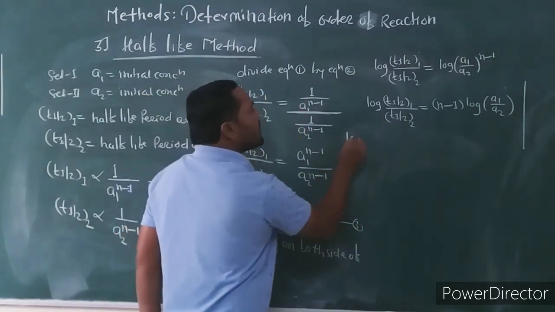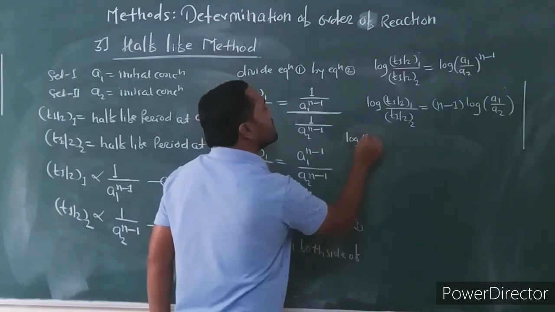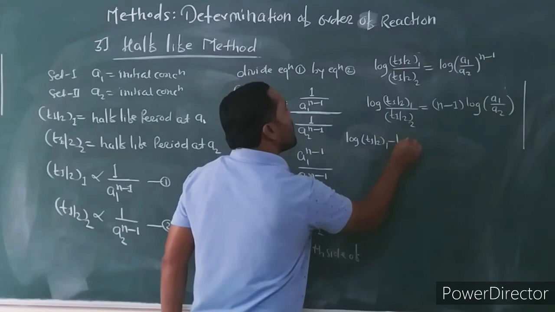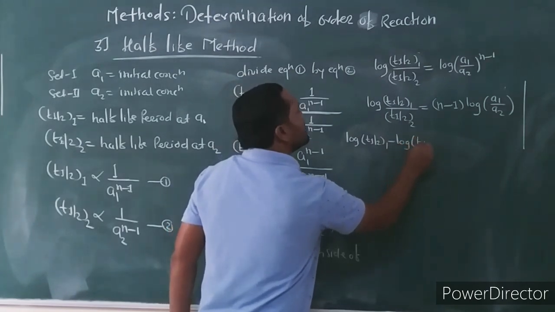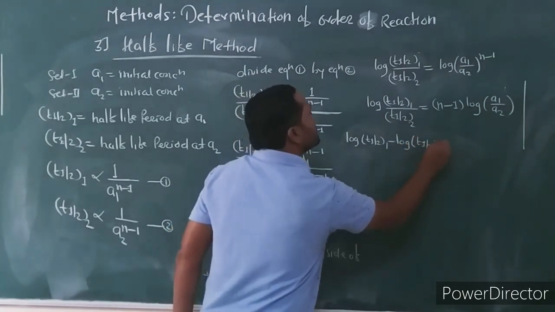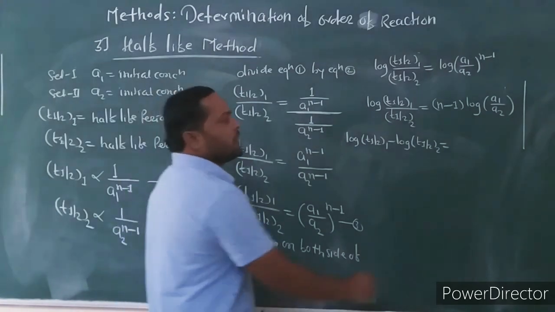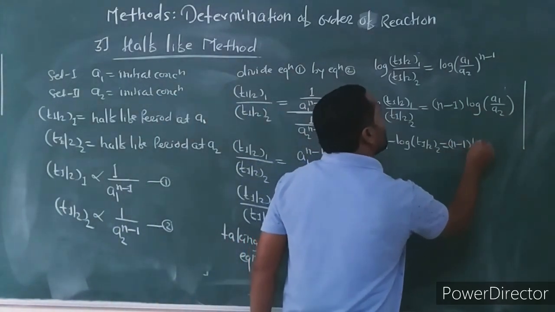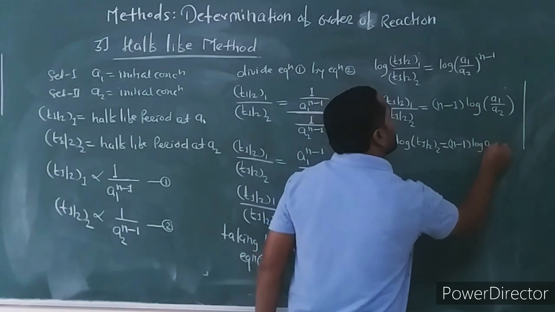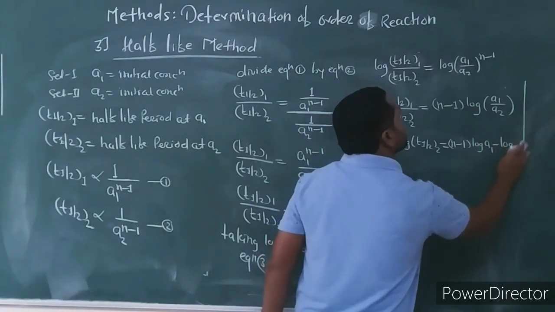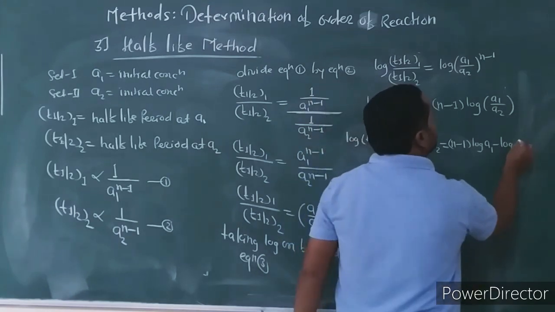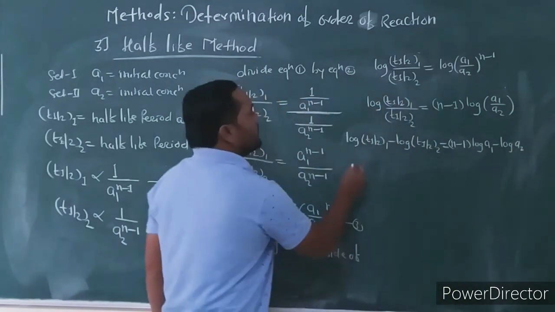Using the rules of logarithm, log T half 1 minus log T half 2 is equal to n minus 1 times (log A1 minus log A2).